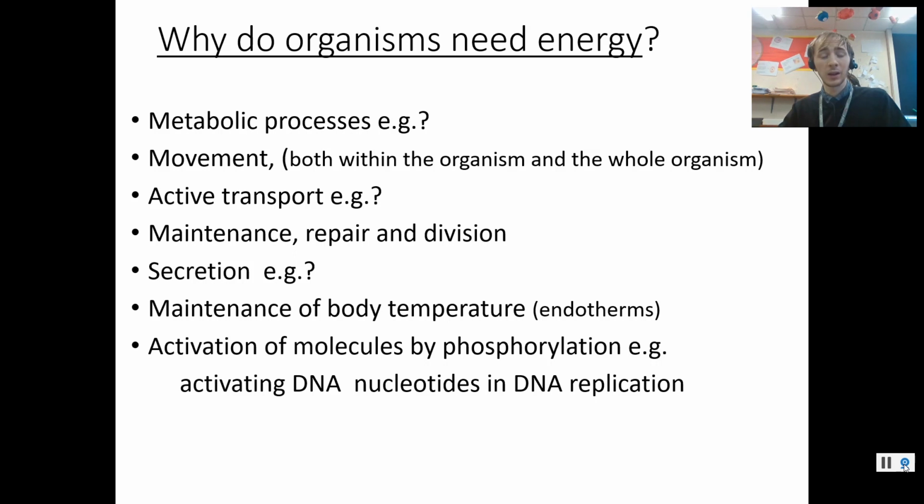We're going to come back to that in a lot of detail in year 13, but sometimes when you want to turn on, for instance, some DNA, you do that by attaching a phosphate group. That phosphate group can come directly from ATP, and so the ATP can be used as a donor of phosphate, if you like, for that to happen. Now, come back to that one later. I would focus on movement, active transport, division, repair, because those are the really obvious ones that hopefully everyone can remember.